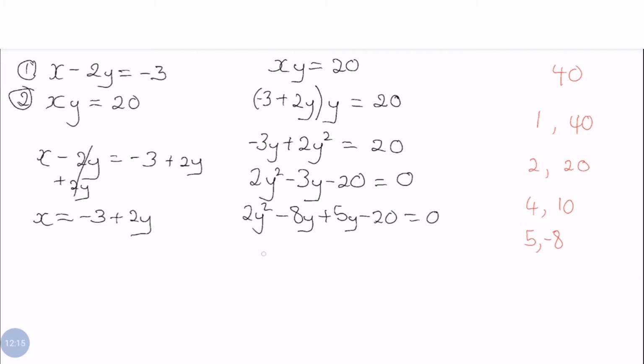Now here is what we will do. We will factor out the common factor between the first two and the last two terms. So what is the common factor within the first two terms? We have 2y as the common factor. So let us factor out 2y, then introduce our bracket. To get 2y squared, we have to multiply 2y with y.